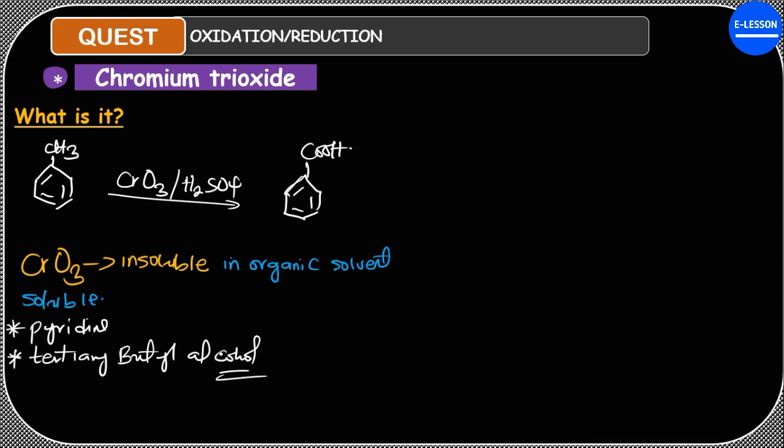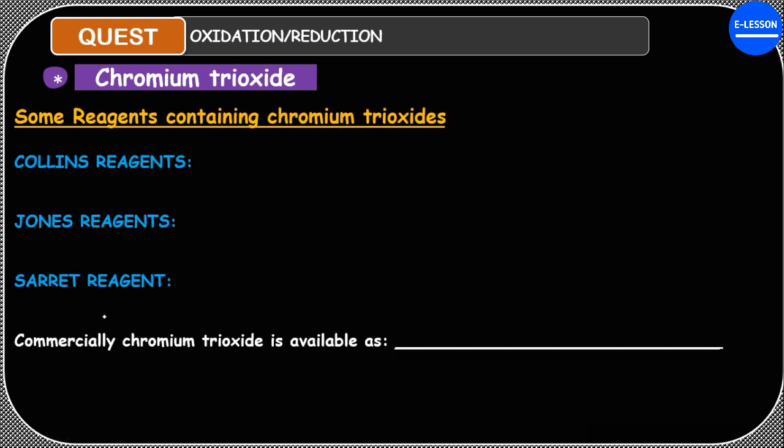Now, chromium trioxide has various applications in various oxidation processes, but like I said, it doesn't function independently. It actually reacts with other reagents, or let's say other chemicals, to form different oxidizing reagents. Now, what are some of these reagents that chromium trioxide reacts with? For instance, in Collins reagent, you have chromium trioxide.